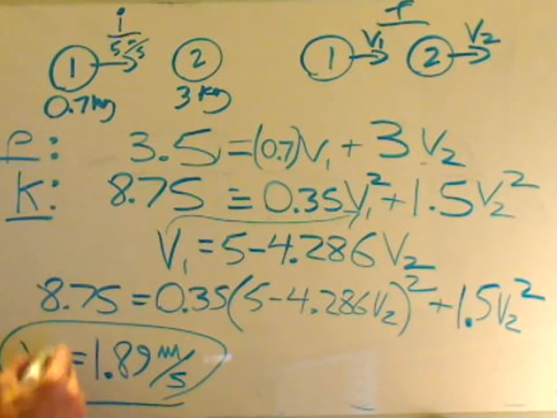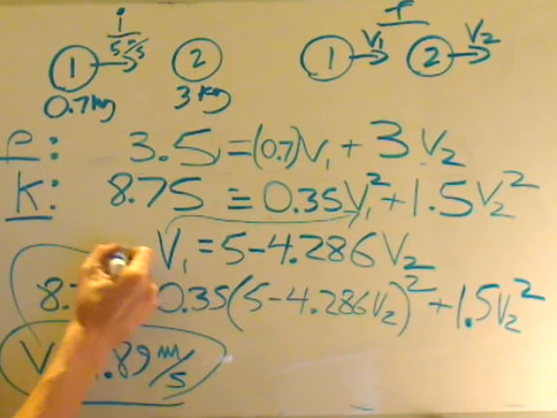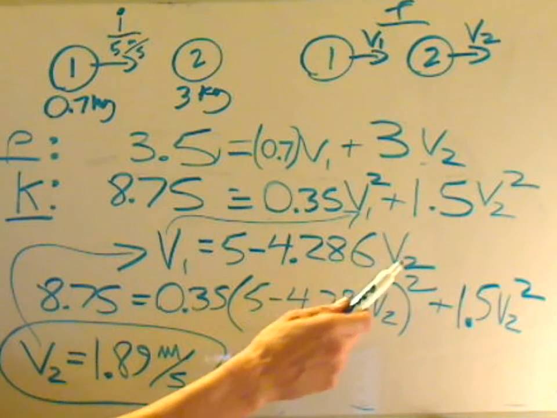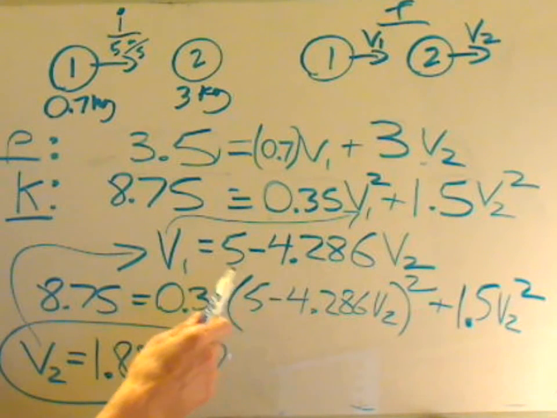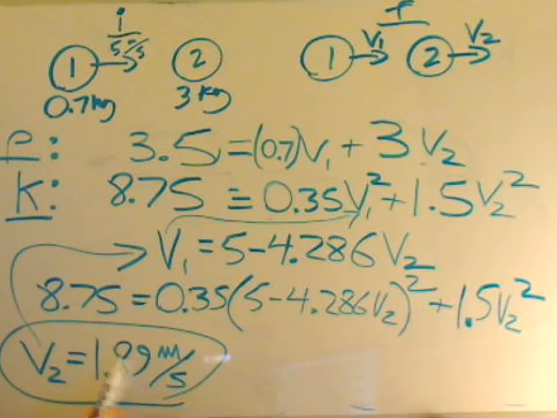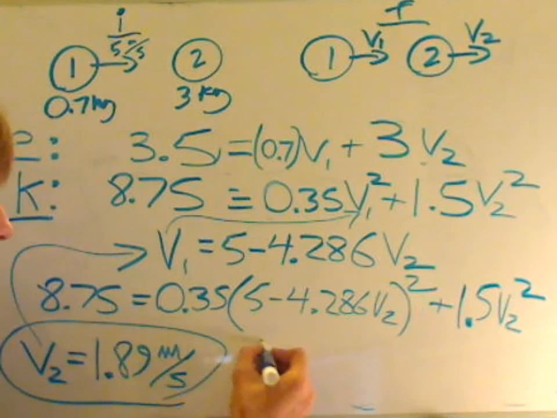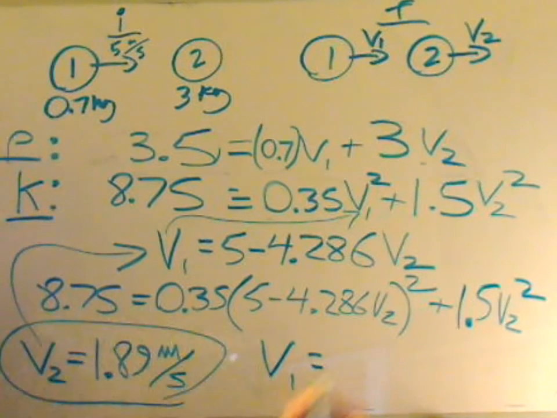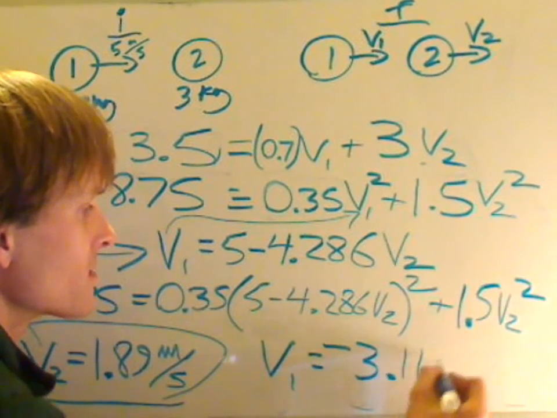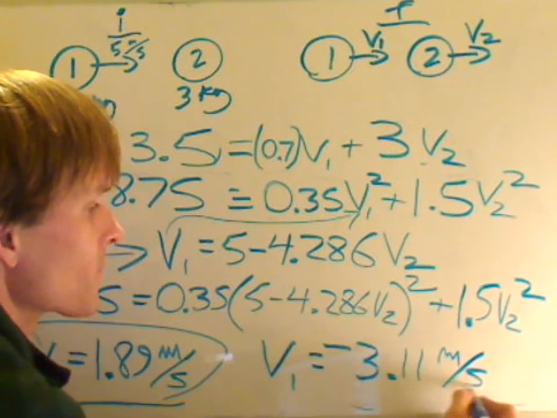Now, to find V1, we plug this back into the earlier equation. So 1.89 goes in for V2. 5 minus 4.286 times 1.89 gives you V1, which is negative 3.11 meters per second.